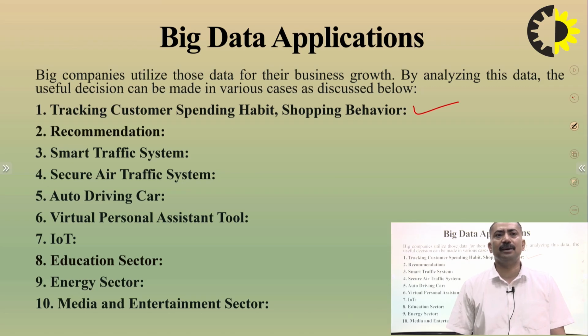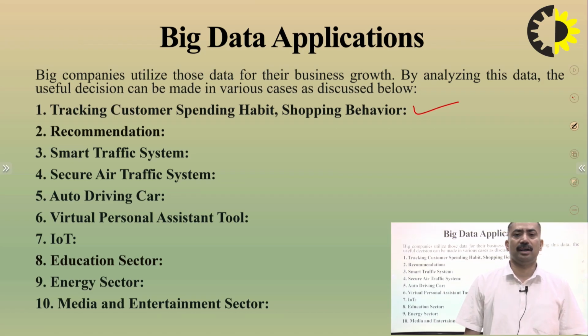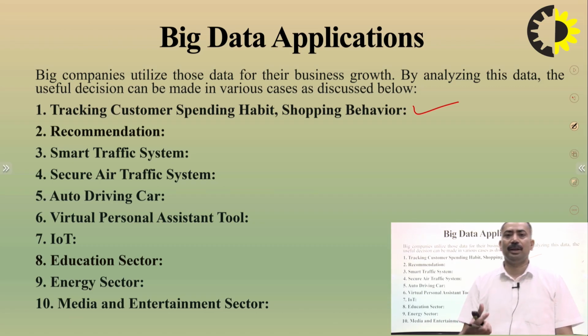Based on the data, production, collection, and the rate of that product get fixed. Like we have bread, butter, cheese, milk. As we visit Big Bazaar or Mega Mart, we have seen these products placed together.